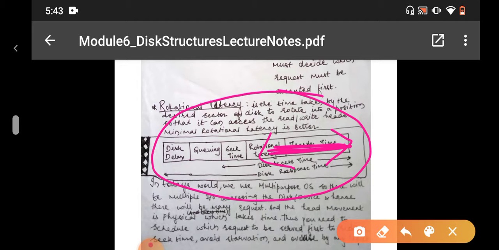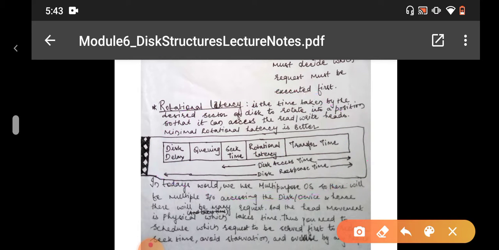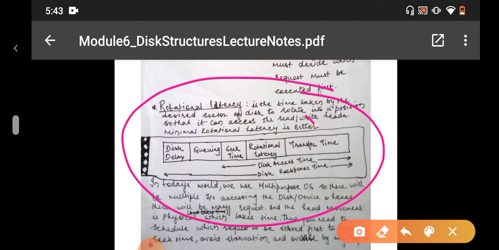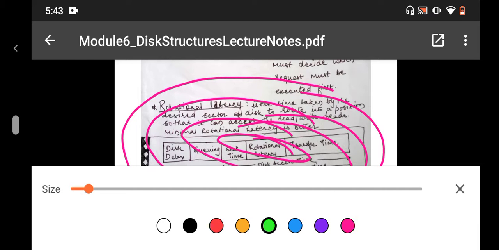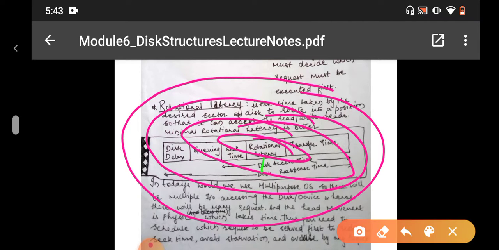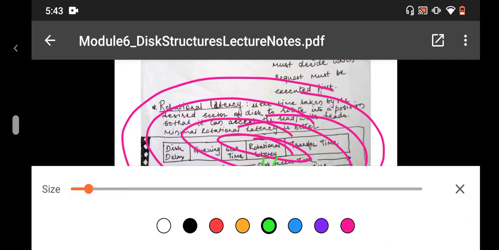So if I want to access, and these are my sectors, and these are my tracks, and currently I am in a track called 10.